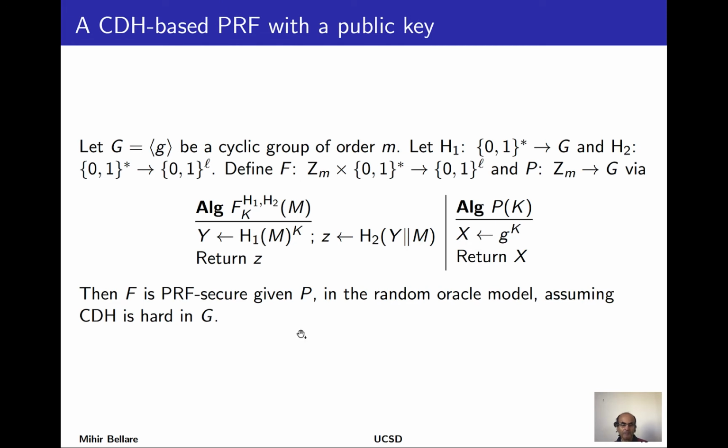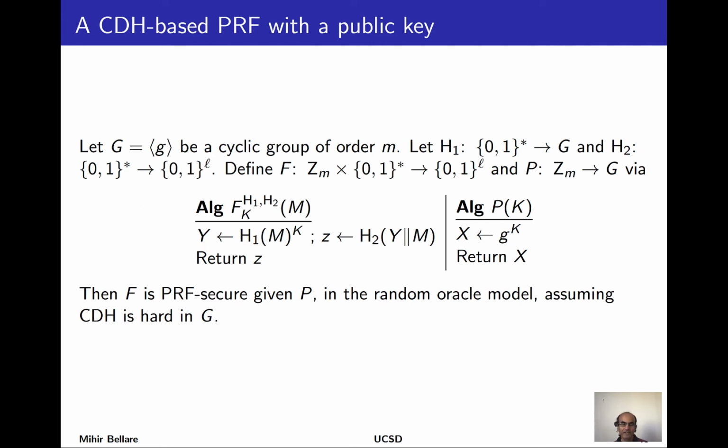Because there are some examples of PRFs which we will be using as the basis for Oblivious PRFs, and those protocols will use these public functions of the key. So here we're going to give an example of a PRF with a public key deriver, which we will later see admits oblivious evaluation.